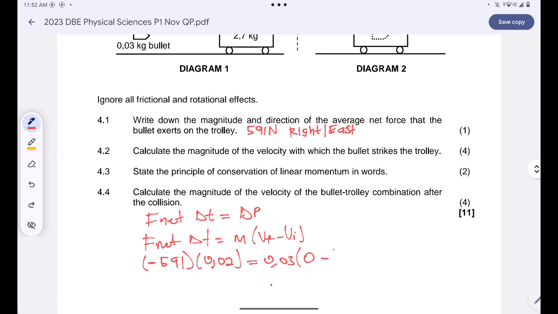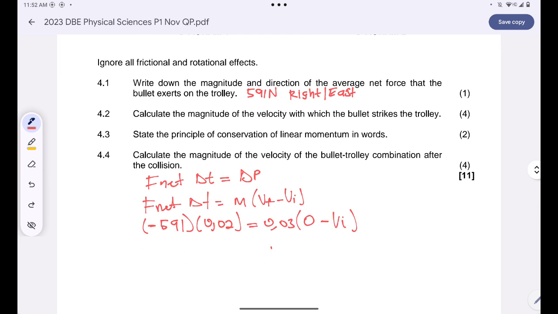And then I want to know the initial velocity of the bullet before the collision. So I'll simply have negative 591 multiplied by 0.02, which gives negative 11.82.